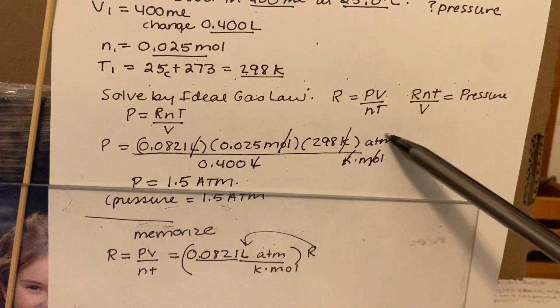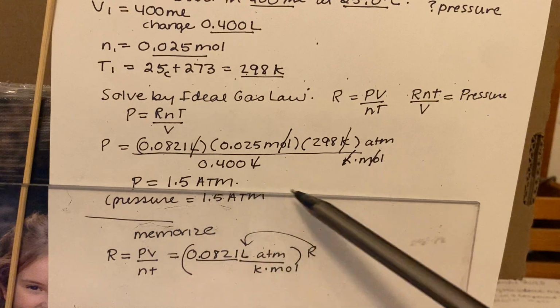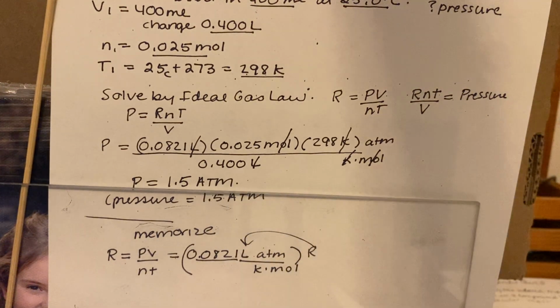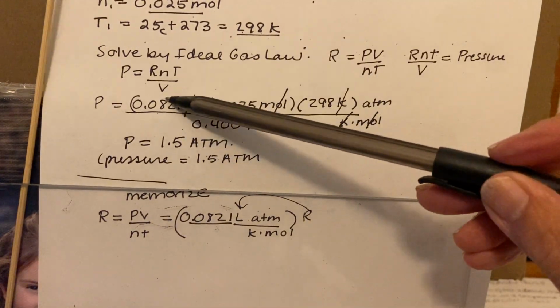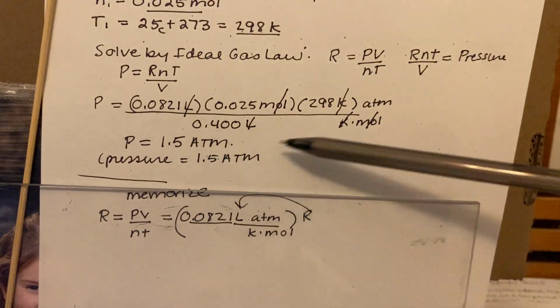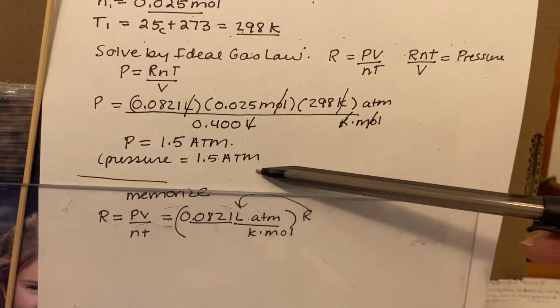We're looking for the pressure, so it's going to be ATM or in torrs, but they want us to put it in ATM, I guess. So as we did this on your calculator, this times this times this divided by this, you get 1.5 ATM. So the pressure that you're looking for is going to be 1.5.